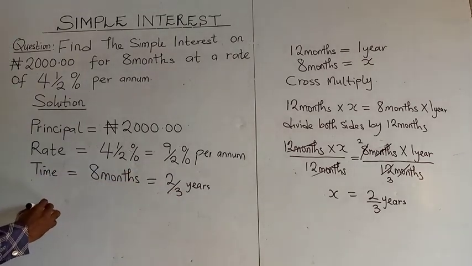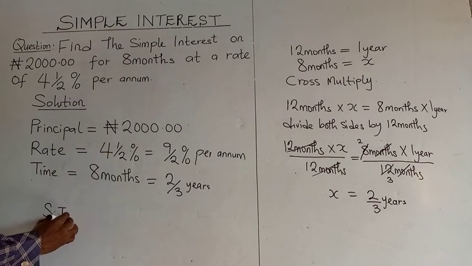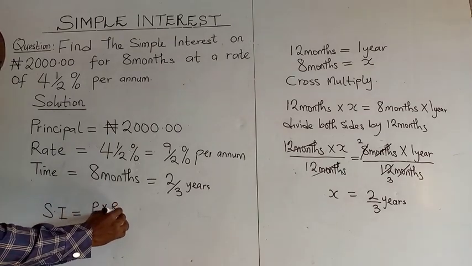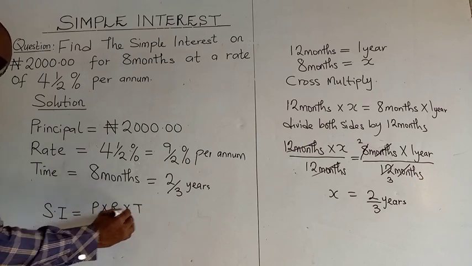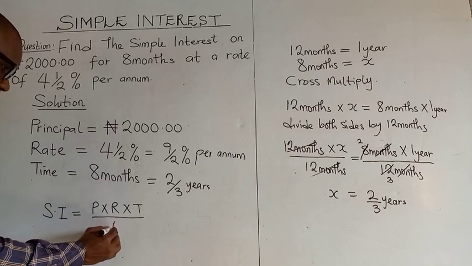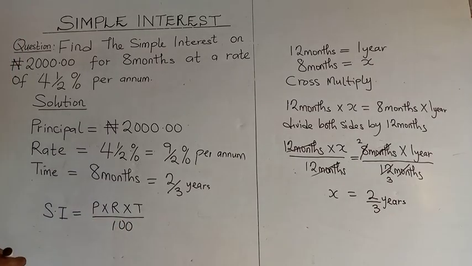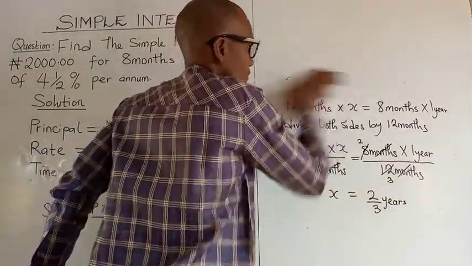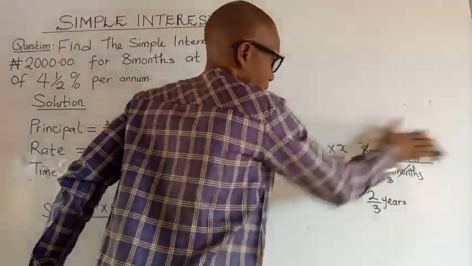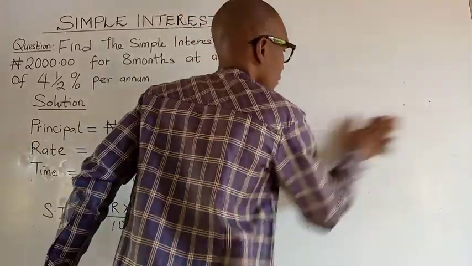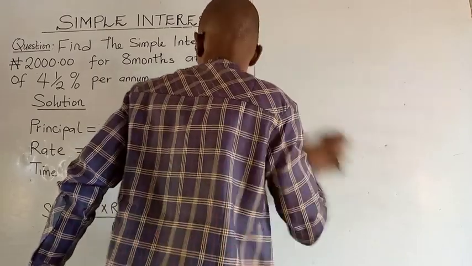We have that the simple interest is equal to P multiplied by R multiplied by T, which is principal times rate times time, all over 100. So we go over to this place to complete our work.